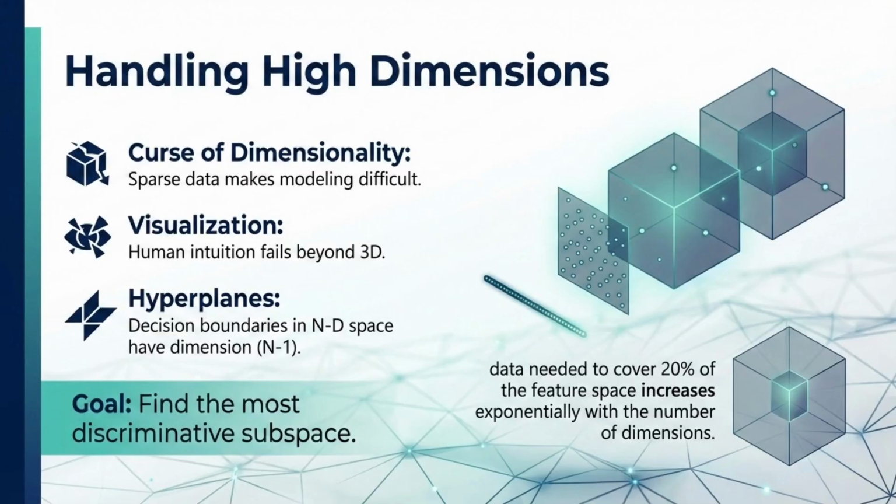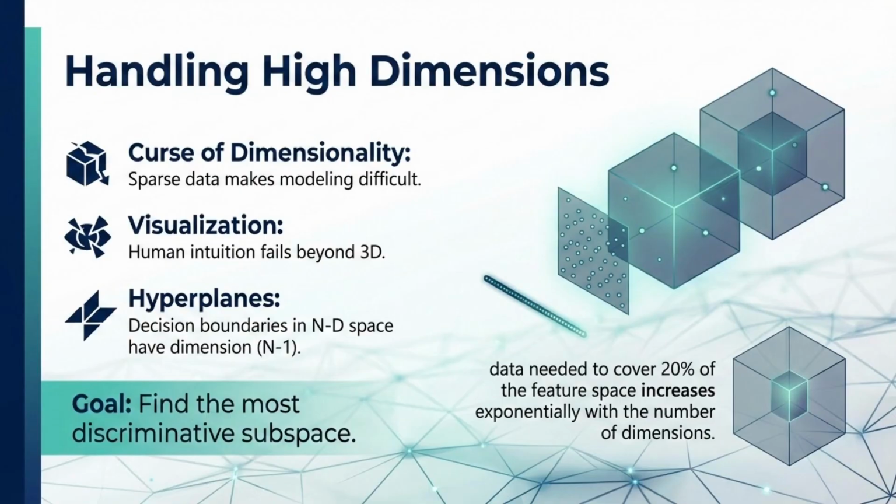So why do we need to handle high dimensions? The curse of dimensionality: sparse data makes modeling difficult. As you increase dimension, the data becomes more sparse, and that makes modeling difficult.